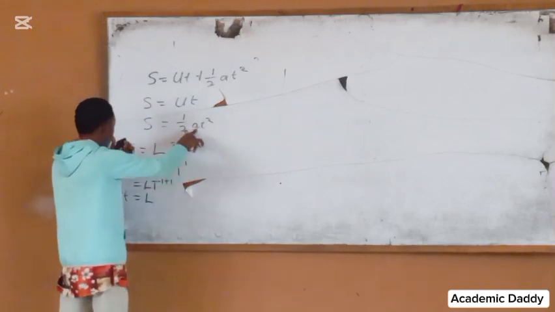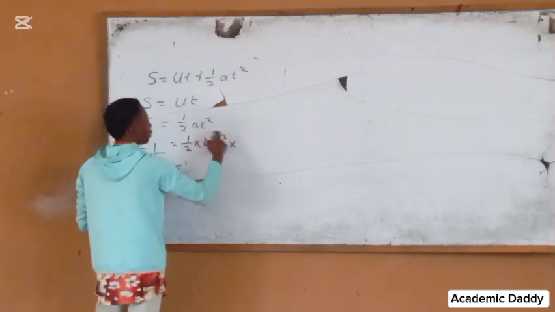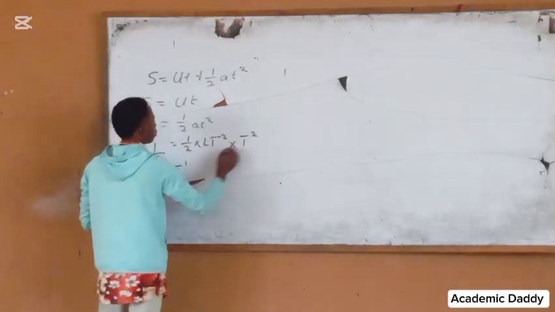What's the dimension of acceleration? L T to the minus 2, now times T squared.